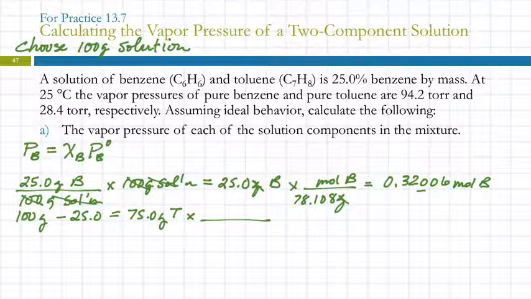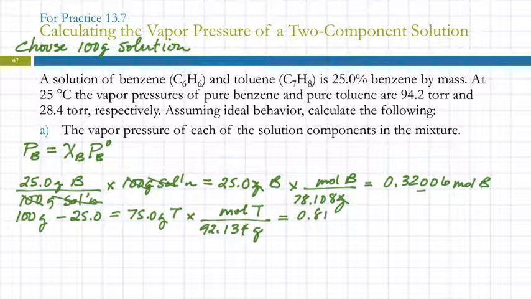Toluene is 7 carbons times 12.01 plus 8 hydrogens, 92.134. So 75 divided by that, 0.81403 moles of toluene.